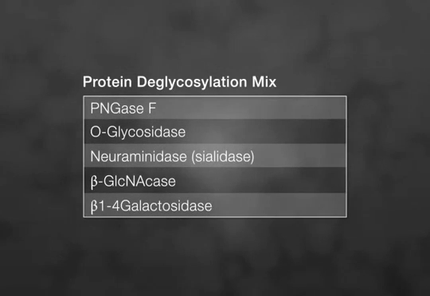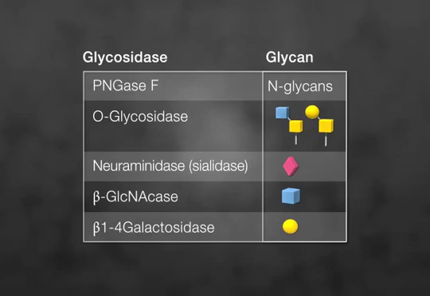The protein deglycosylation mix is a combination of PNGase F, O-glycosidase, neuraminidase, also called sialidase, beta-GlcNAcase, and beta-1,4-galactosidase. As shown before, PNGase F removes most N-glycans.